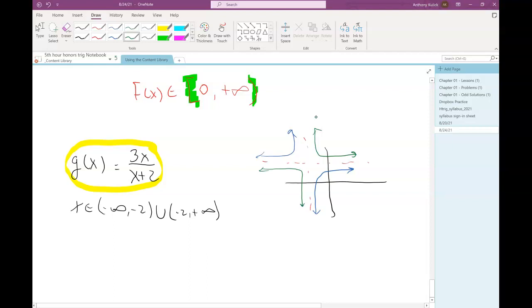The takeaway is that this one, the blue, is if the leading coefficient over the leading coefficient is negative, and the green is going to be if the leading coefficient over the leading coefficient is positive.